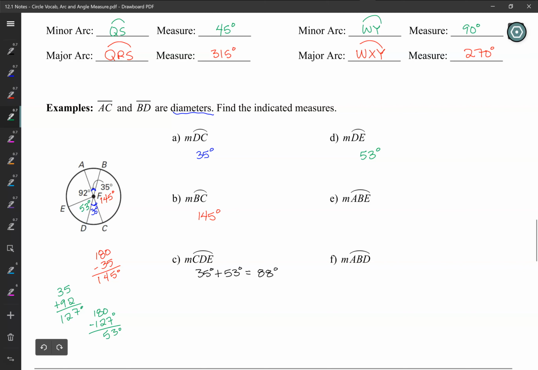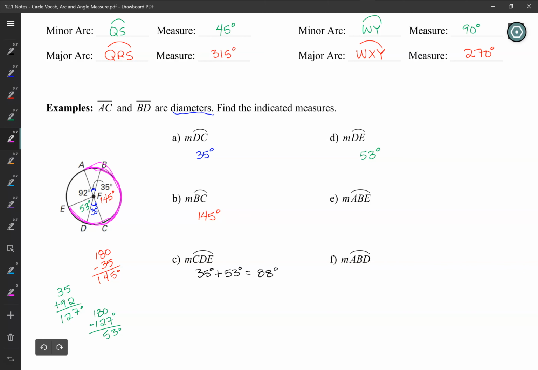Okay, this is a big arc. Arc ABE. So I start at A, I go past B, and I end at E. You've got a couple of choices there. You can either add all of those together, or you can say, well, the whole circle is 360, and I have everything circled except the 92.